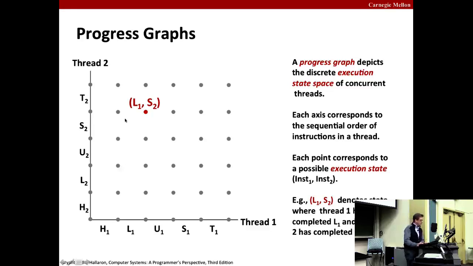In general, each point represents the current progress, or execution state, of the program. For example, this state represents the state where thread 1 has completed L1 and thread 2 has completed S2.